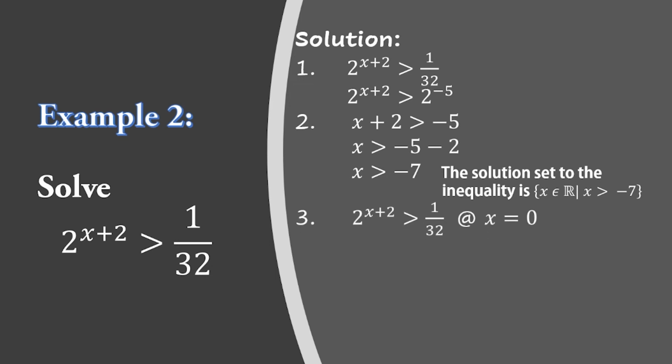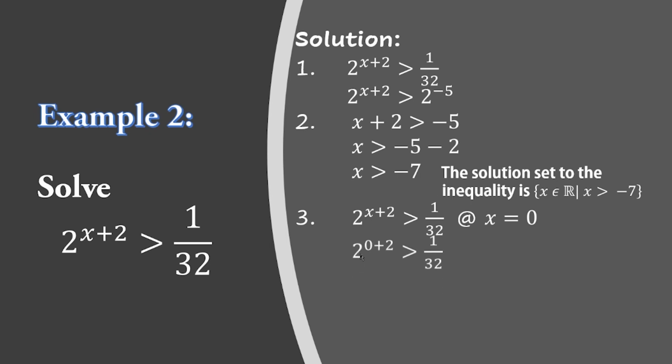So those are part of the interval. So let's use x equals 0 to check, to substitute in your exponential inequality to check if this solution set is correct. So x equals 0, 0 is greater than negative 7. So we can make use of that.